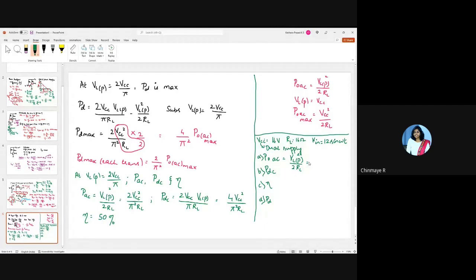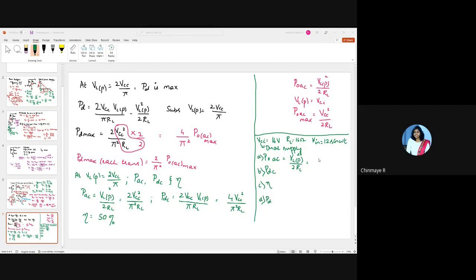Since this is a voltage follower, as in an emitter follower, VL of P will be equal to Vin of P. Correct.